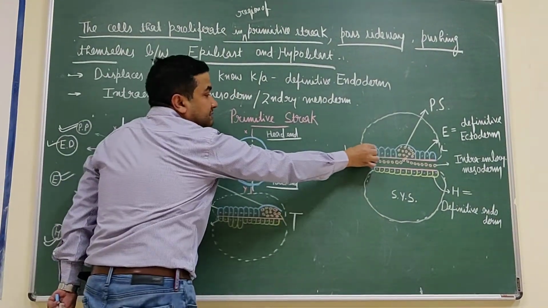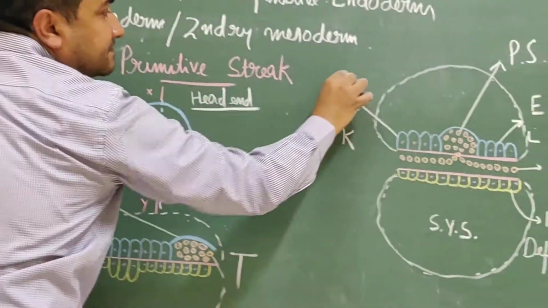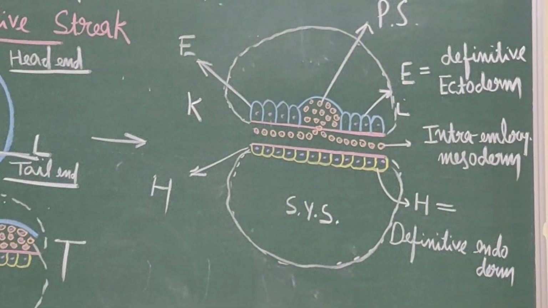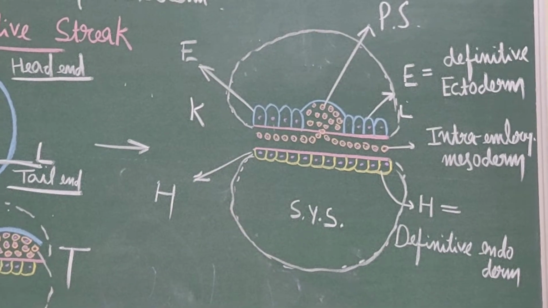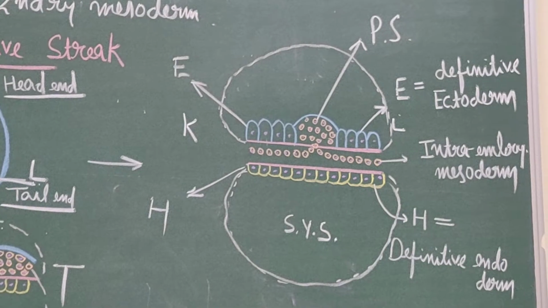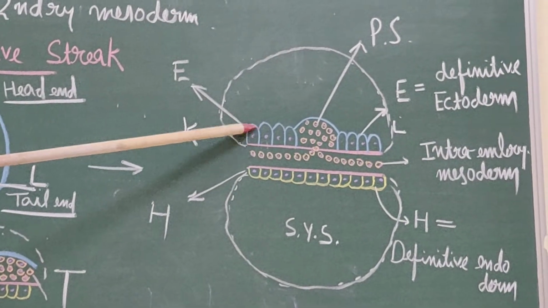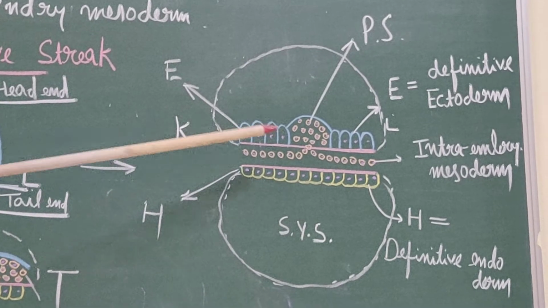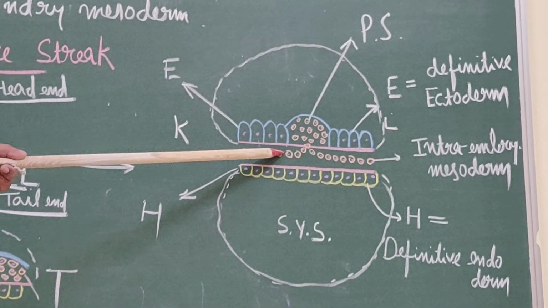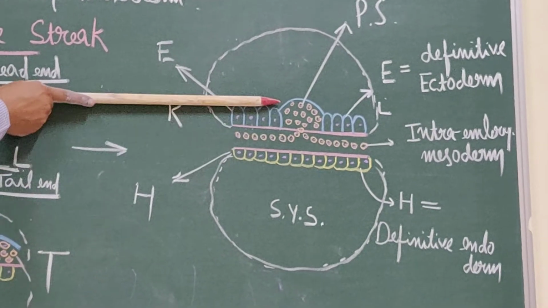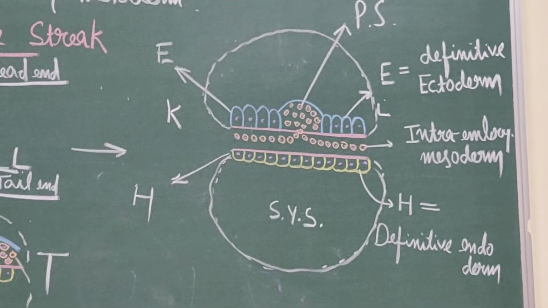Now this blue is the epiblast and this is the hypoblast. It means the cells formed by the primitive streak pass sideways between the epiblast and the hypoblast. It means there is a formation of the third layer, and this third layer is present between the epiblast and the hypoblast.